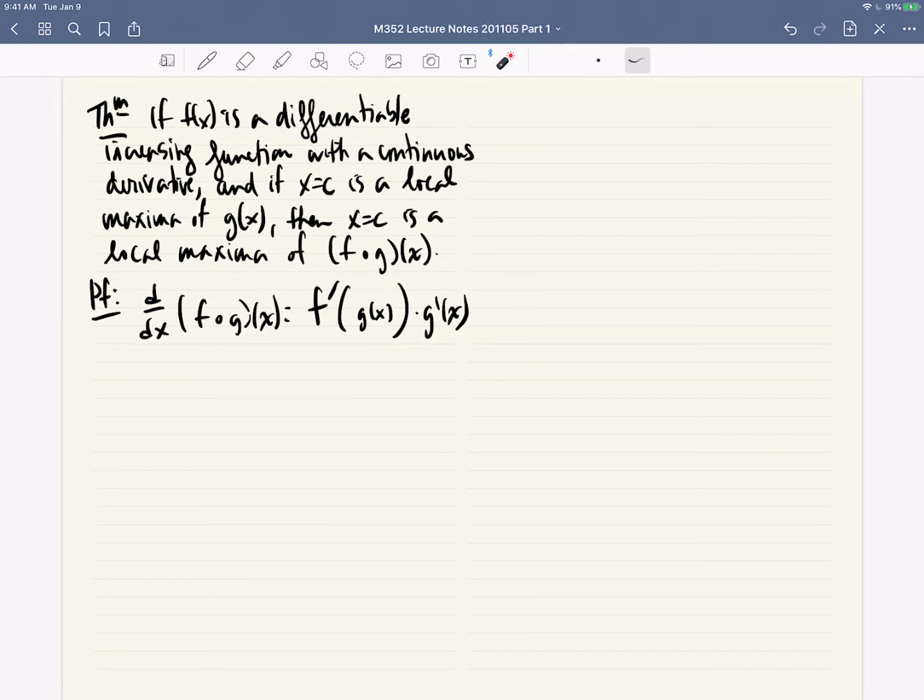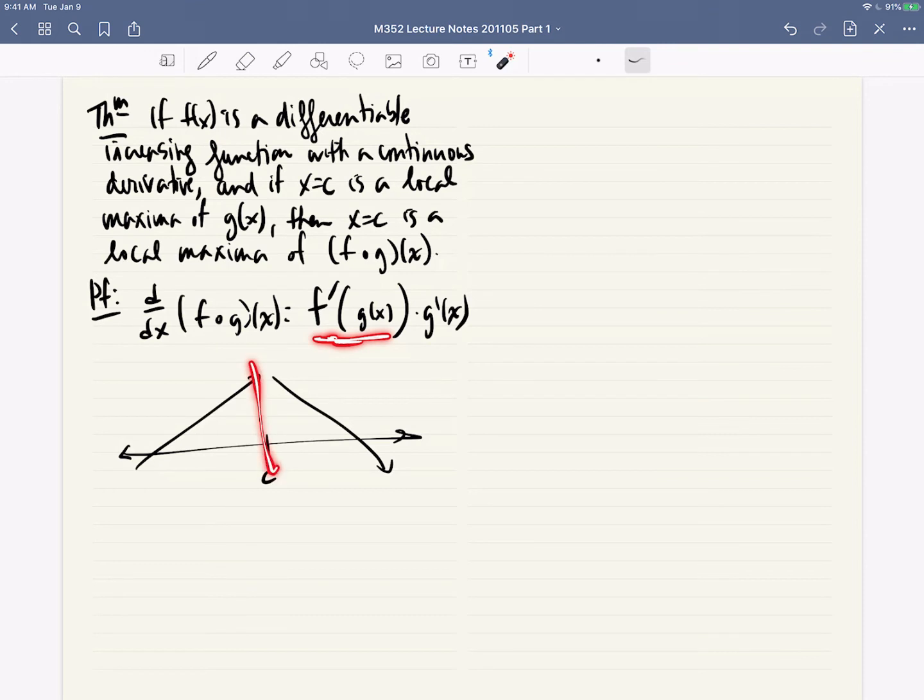And the first derivative test tells you that a local maxima occurs when a function goes up and then goes down. So the derivative of this to the left of c is positive. To the right of c, the derivative is negative.